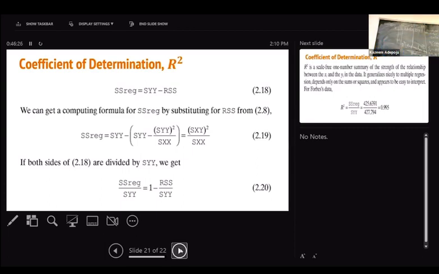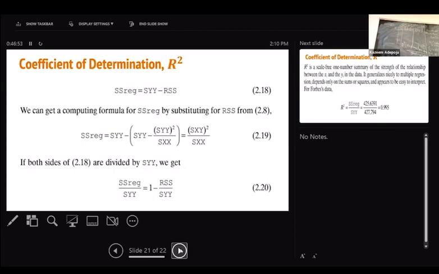Now look at 2.18. The SS reg is explained variation. SS reg, sum of square regression. That is explained variation. SSYY is the total variation. Why is it YY? That is the variation around the response. What is RSS? Residual sum of square, which is the unexplained. Now let us see whether it makes sense.